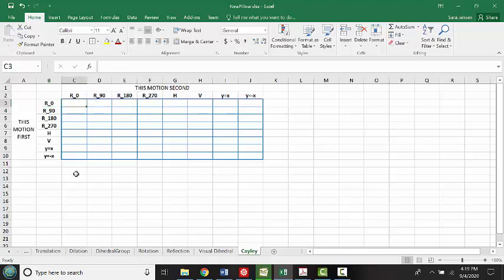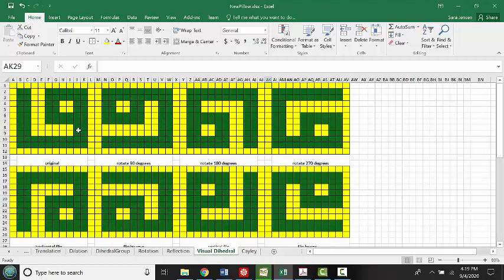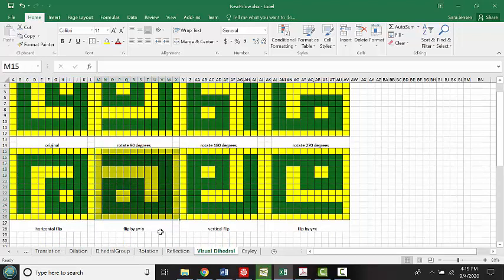As an example, when we were back in this page, we said if I first take my original shape and rotate it by 90 degrees, and then after rotating by 90 degrees, I pick up the paper and do a horizontal flip, I'll end up with this motion, which we were also calling a flip by y is equal to negative x.